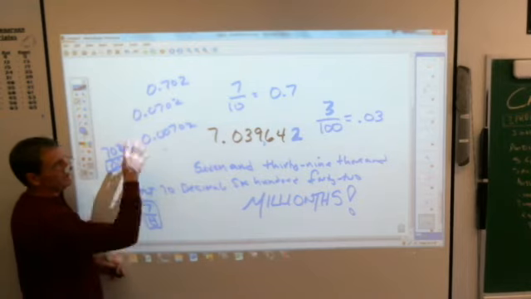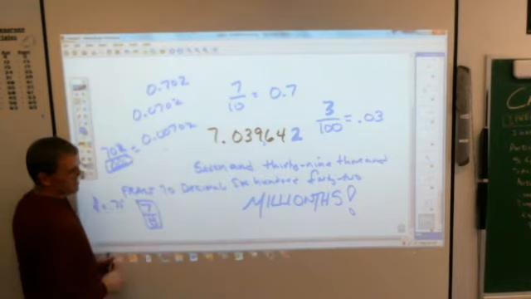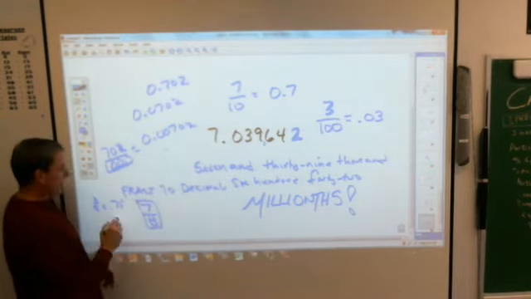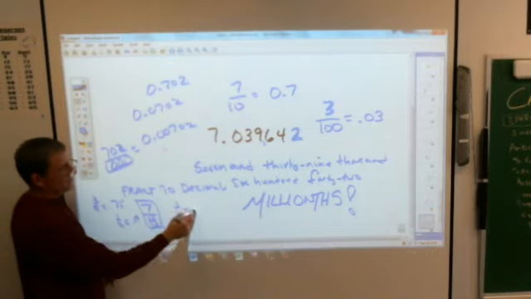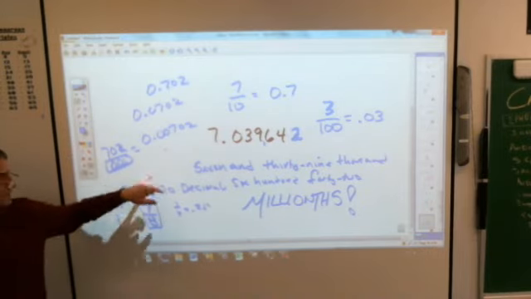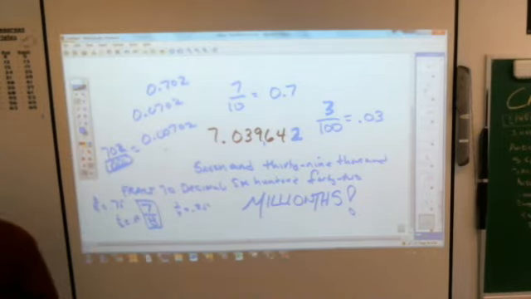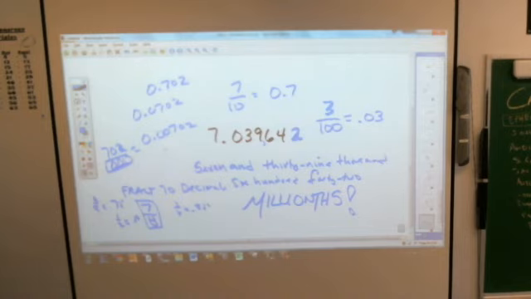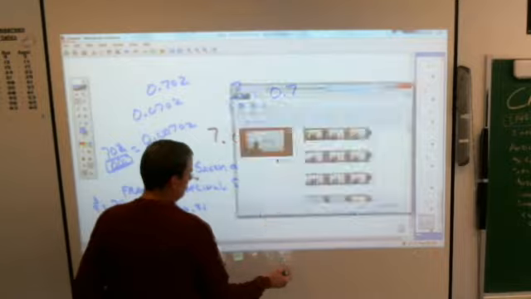Decimals have to be in tenths, hundredths, thousandths, or whatever. You know a half because half a dollar is 50 cents, or you know a quarter because a quarter of a dollar is 25 cents. You might know some of them, but just get it in your head that decimals are tenths and hundredths and thousandths. All right, for tomorrow, lesson number 35.